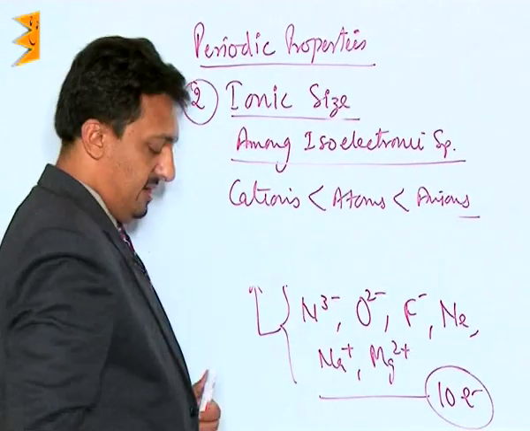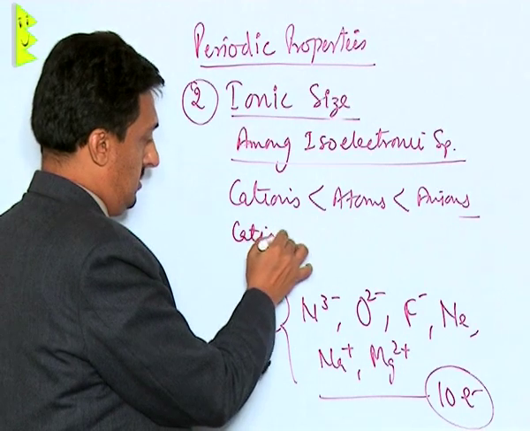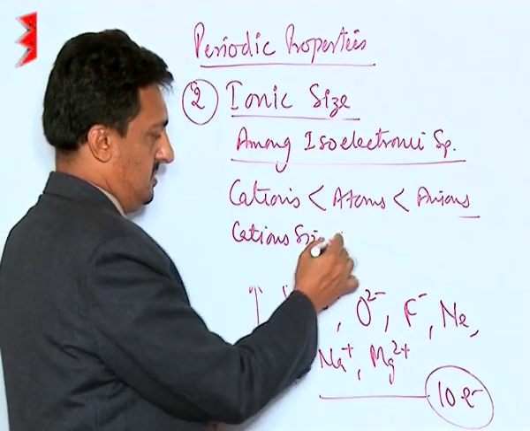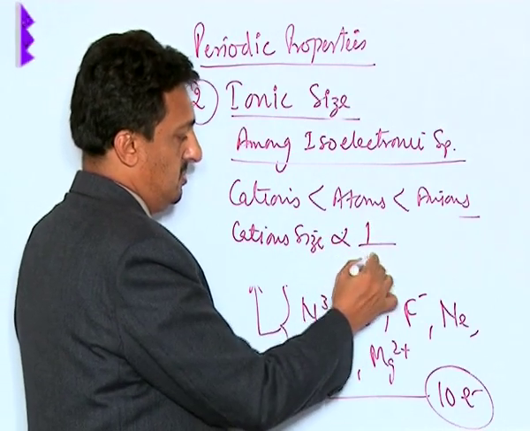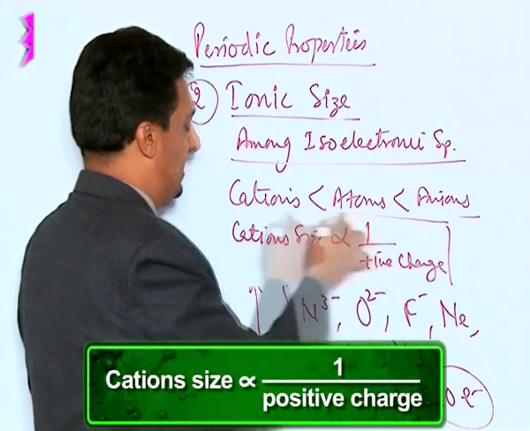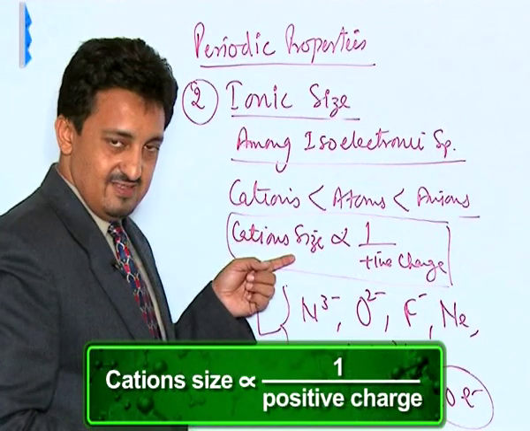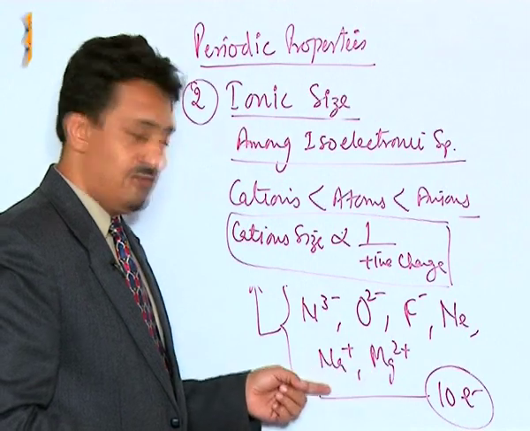The most important point is that cation size is inversely proportional to positive charge. Larger is the positive charge, smaller is the cation size. So out of sodium and magnesium, magnesium is smaller than sodium.